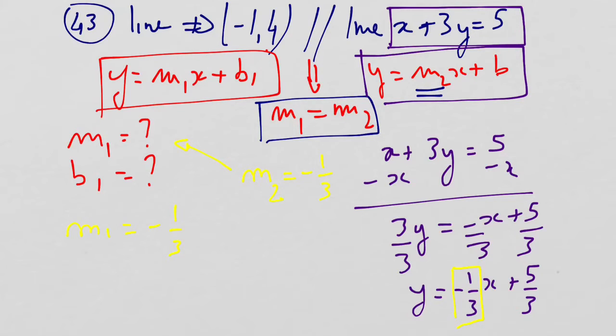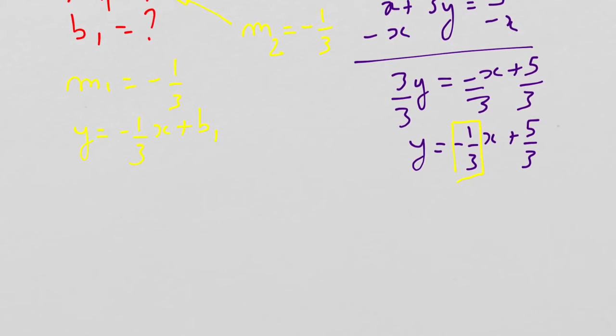And now I can say that y equal negative 1 over 3x plus b1. To find b1, what do I have to do? Well, you are going to substitute the values of x and y from the point they are giving you, which is (negative 1, 4). So y equal 4, negative 1 over 3 times x, which is negative 1, plus b1.